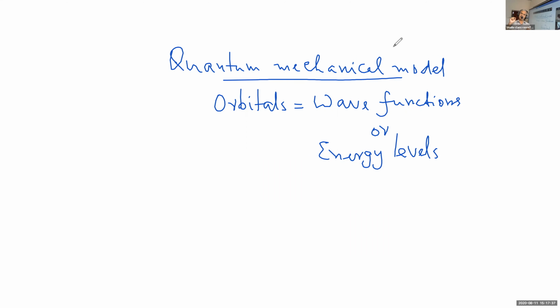If there is an equation, there will be some solutions for the variables, and these solutions, the different values that we get, are known as wave functions. So orbitals are considered as wave functions, or they are also known as the energy levels of electrons.